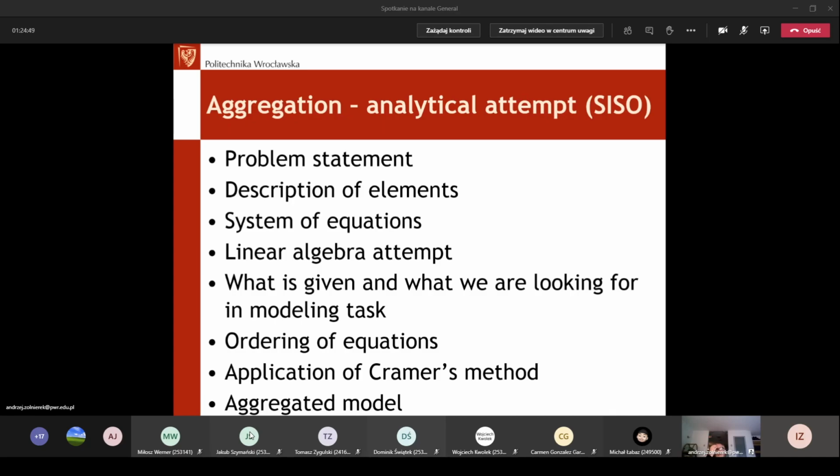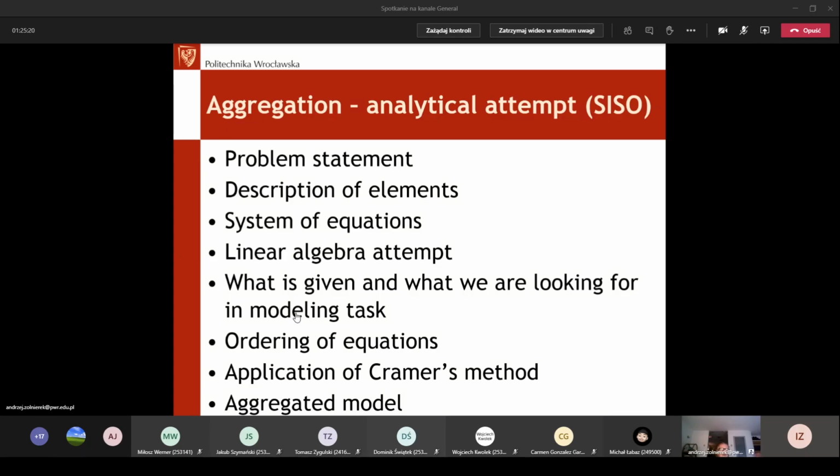So this attempt, in which as a final step we apply Cramer's method of solution of systems of linear equations, is valid only for single input, single output system, not for multidimensional, in which the description in the form of matrix relation exists.